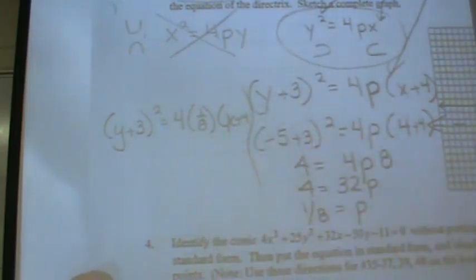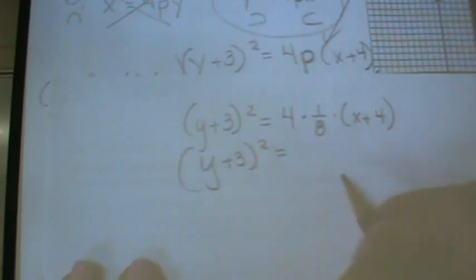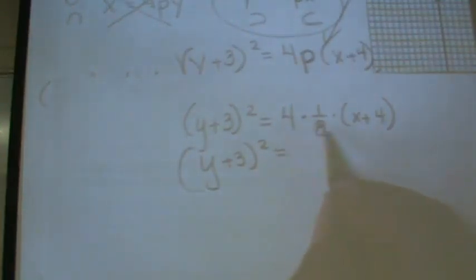That's your equation. Sorry, it's squished in there. So again, I'm going to write it better. Y plus 3 squared equals 4 times 1/8 times x plus 4. Can I simplify this? Absolutely. I can write y plus 3 squared equals, how can I simplify this? What's 4 times 1/8?